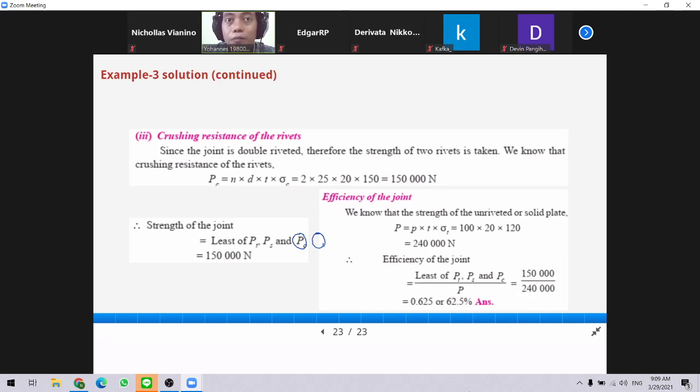The joint becomes expensive, and the customer will not be interested if the cost is too expensive. So you have to optimize between the joint efficiency and the cost.